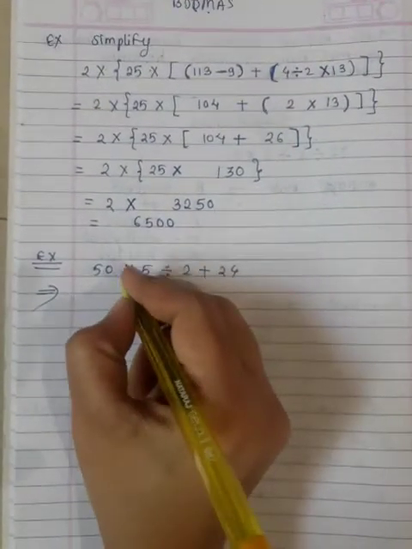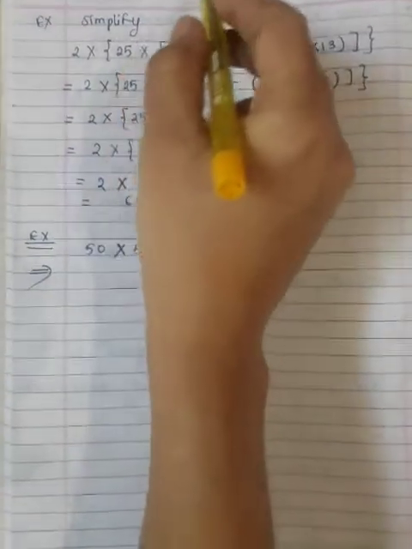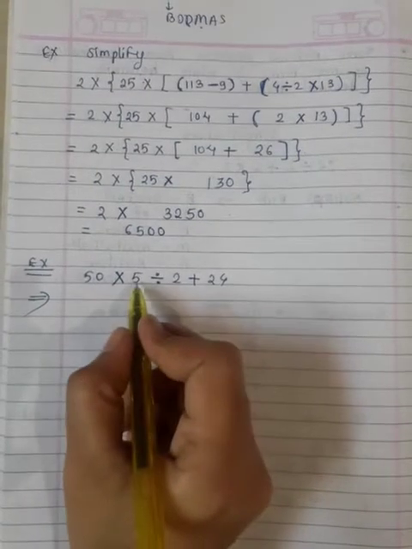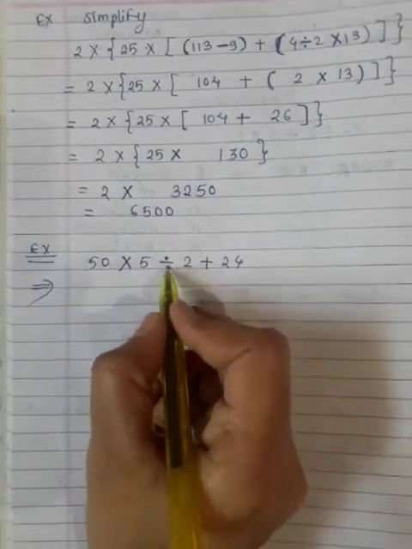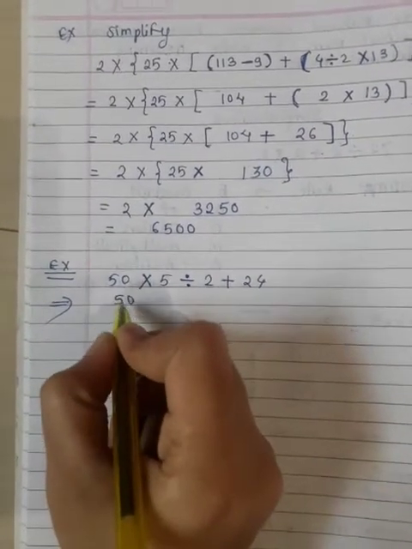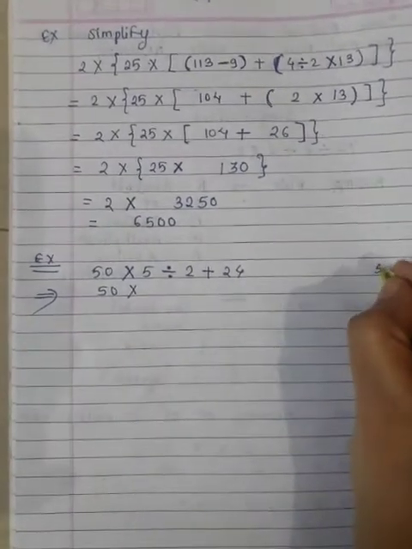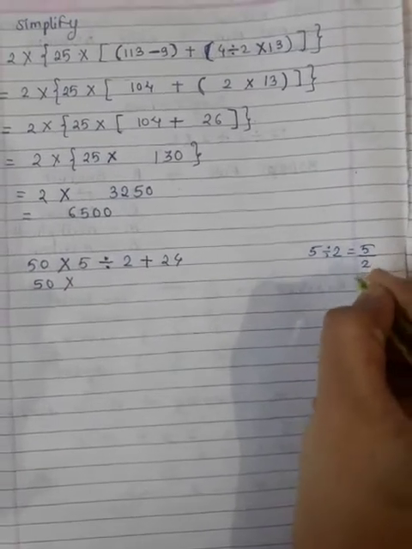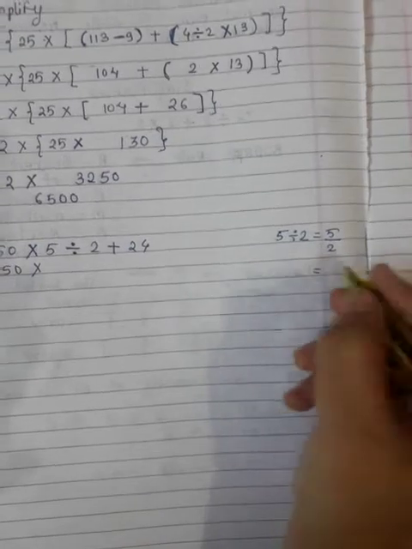So here there are three operations, multiplication, division and addition, but our rule says first solve division. Okay, so there is division between these two numbers. 5 divided by 2 means 5 by 2, and we know how to write the rational number in terms of decimal.